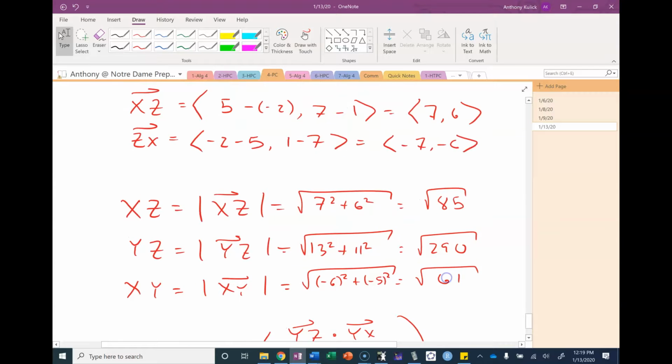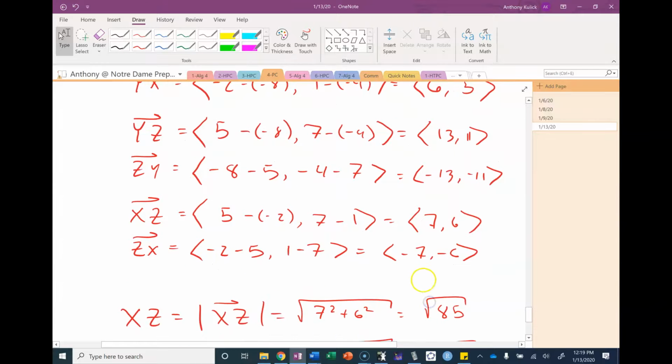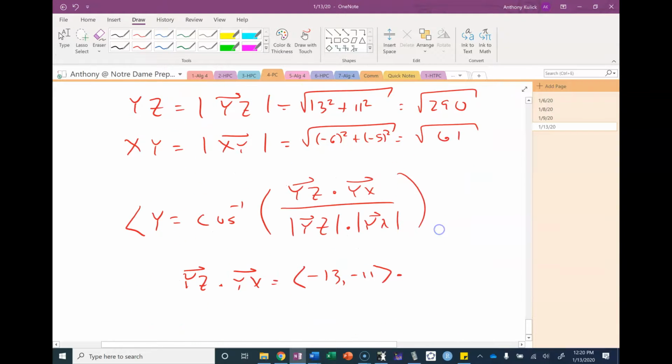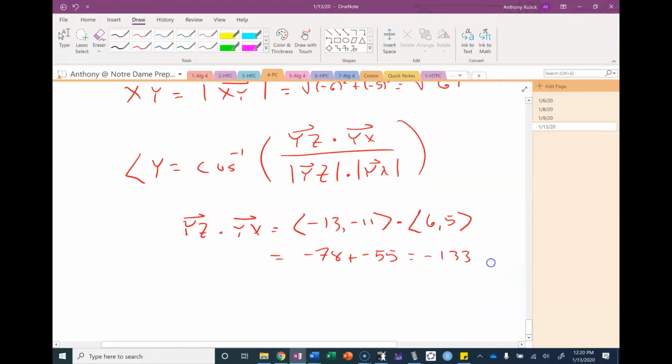And then yx is 6, 5. So that's going to be negative 78 plus negative 55, so that's negative 133, I think.